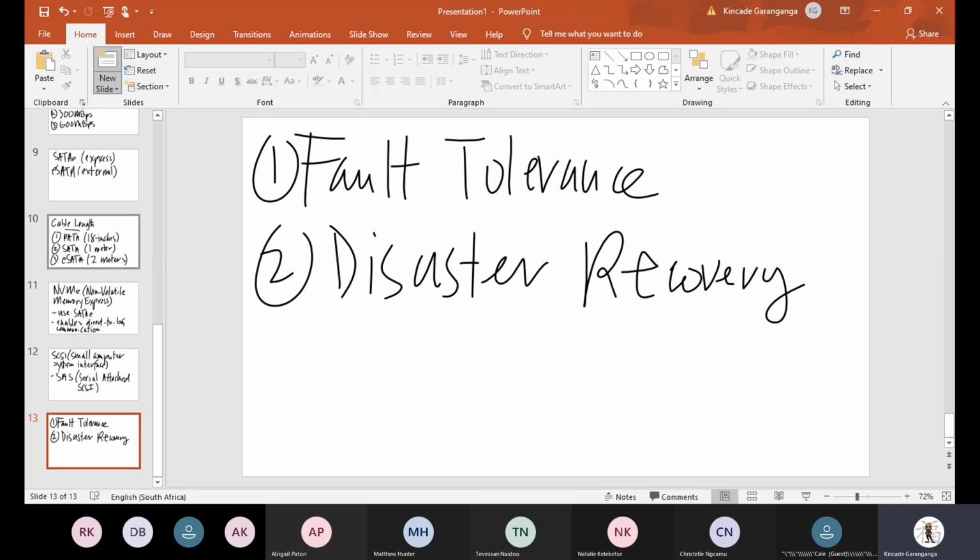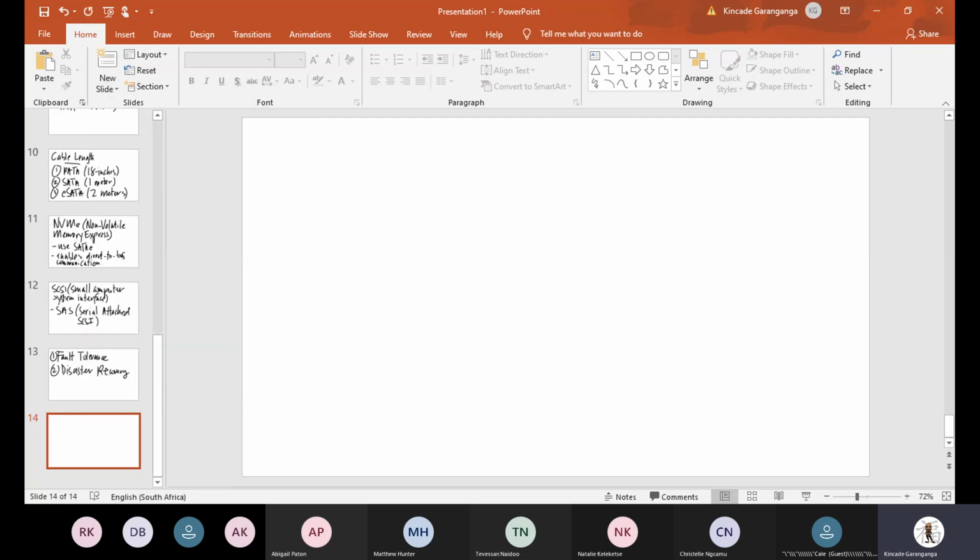So this particular technology that was created to try and safeguard against loss of data is called RAID.